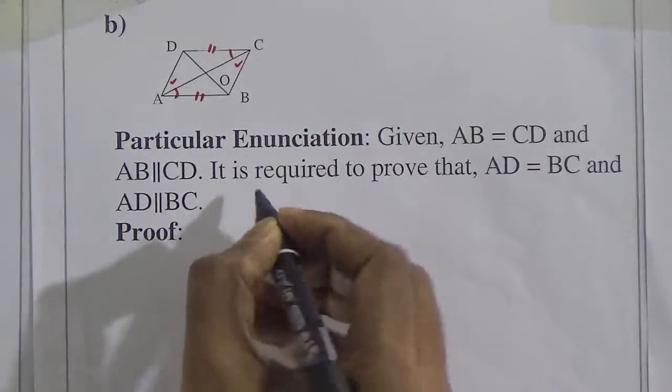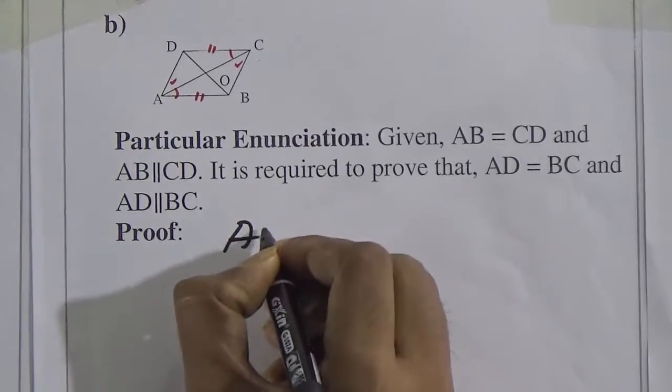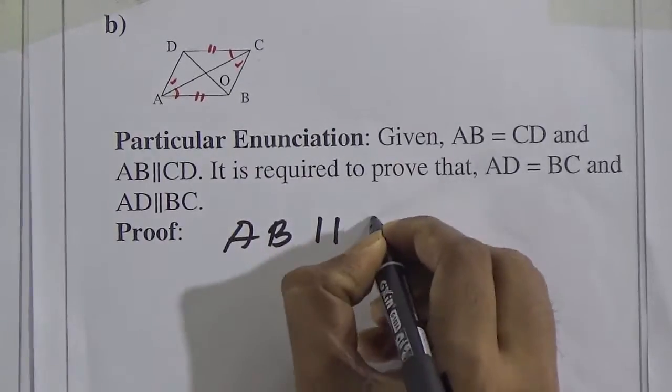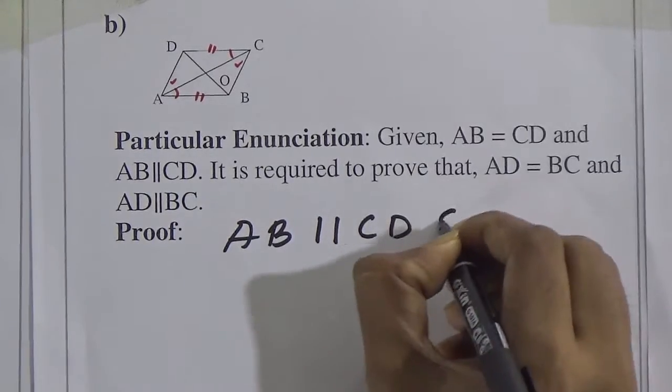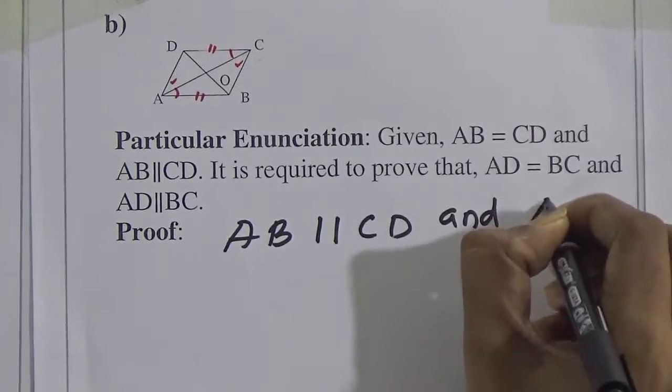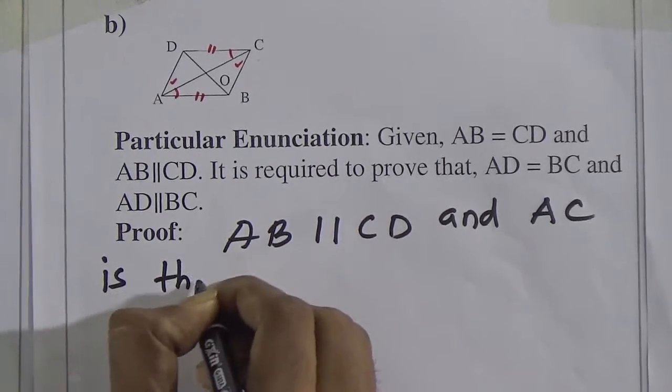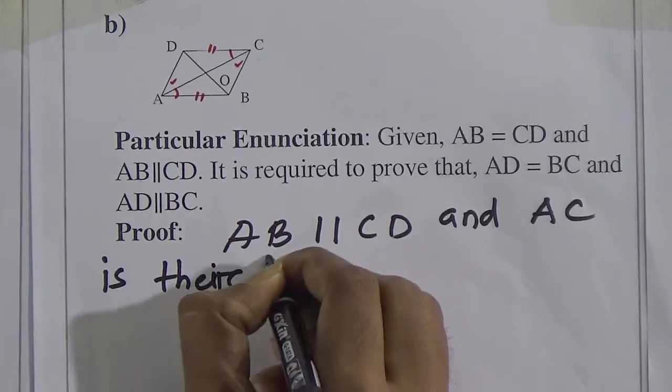Look, AB and CD are parallel. Okay, right? AB parallel CD, and AC is their transversal.